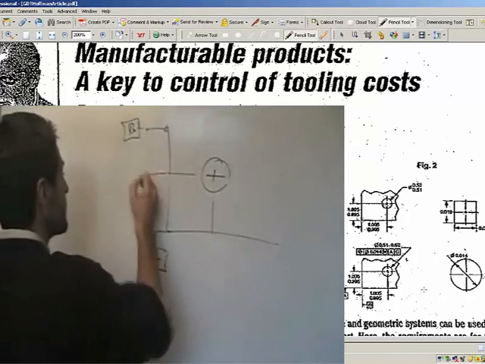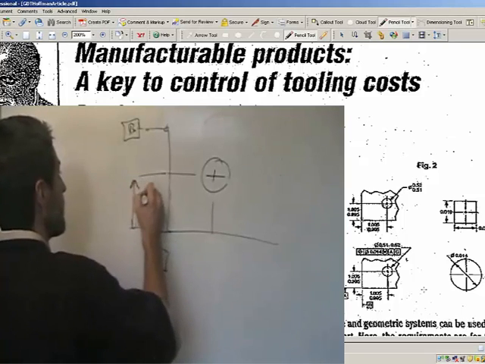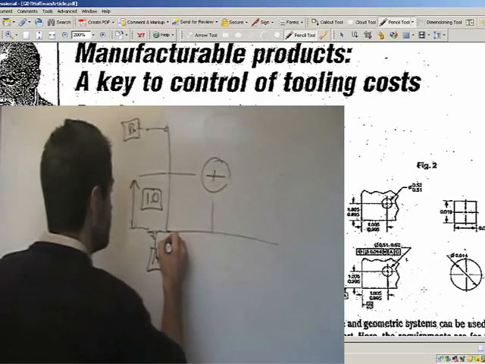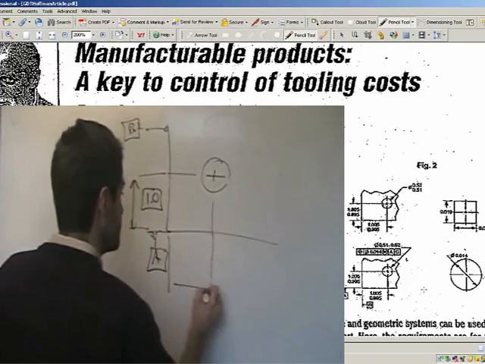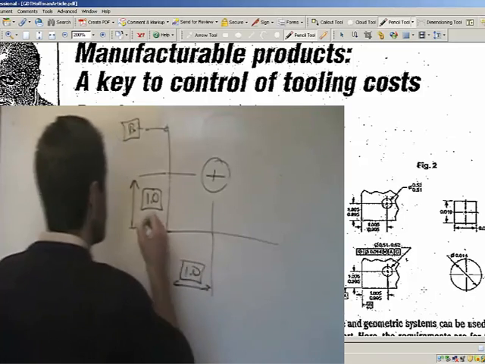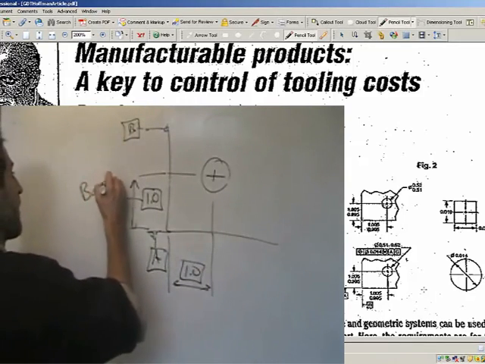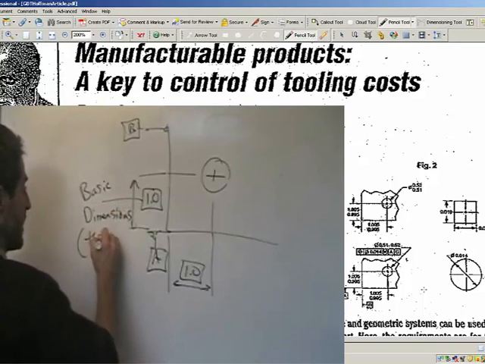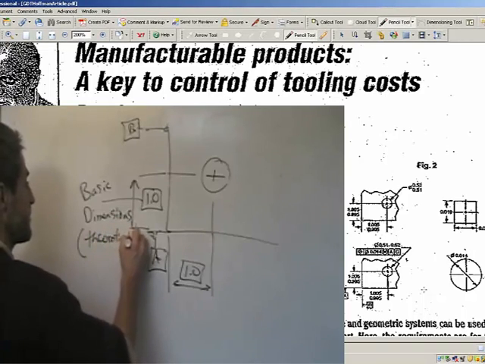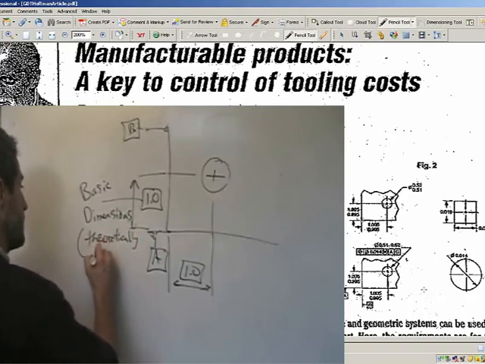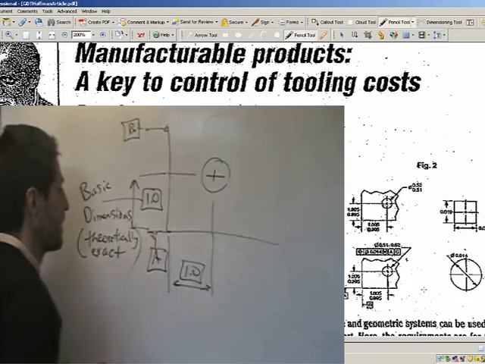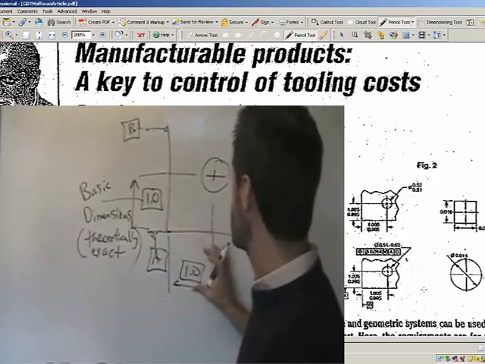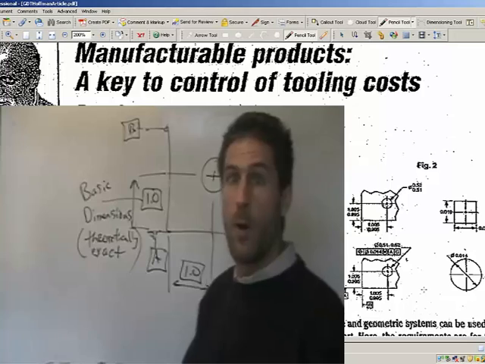What they should have put in here is a box that says 1.0 and a box here that says 1.0. And those are called basic dimensions. Basic dimensions are theoretically exact, which means theoretically, at least, we want this hole to be 1 inch from the bottom, 1 inch from the left. But I know it won't be perfect.